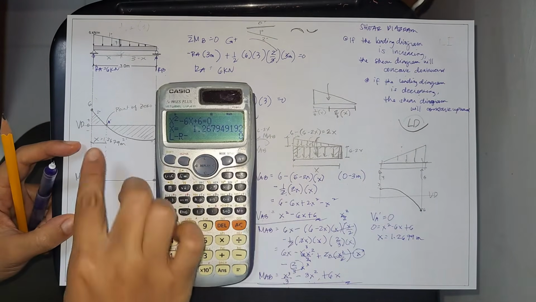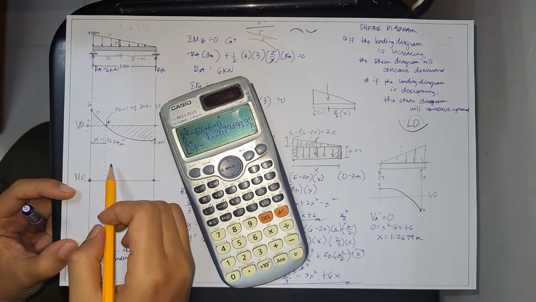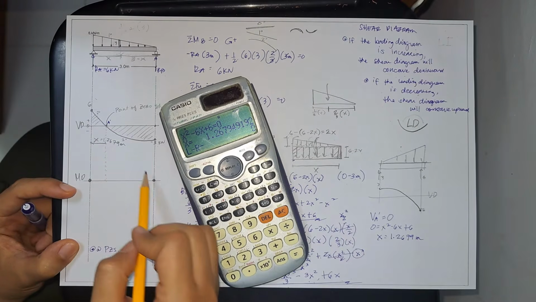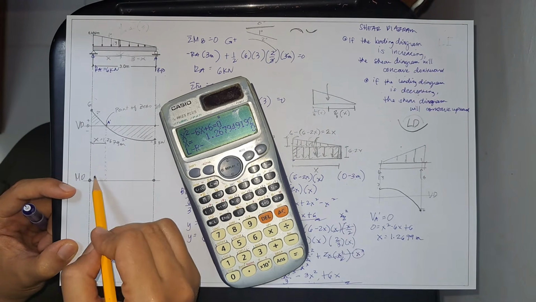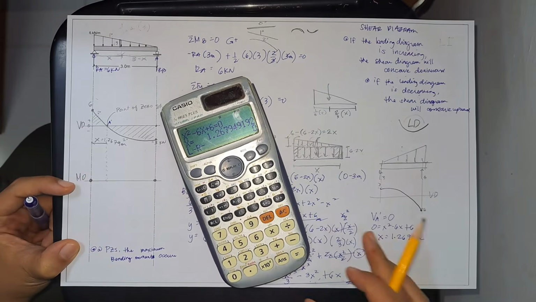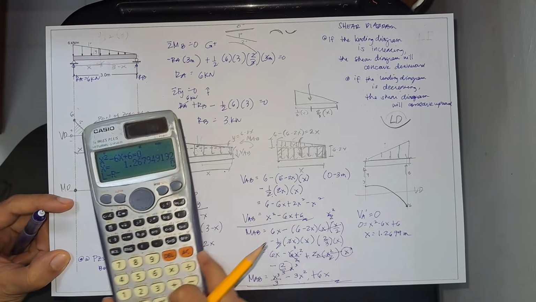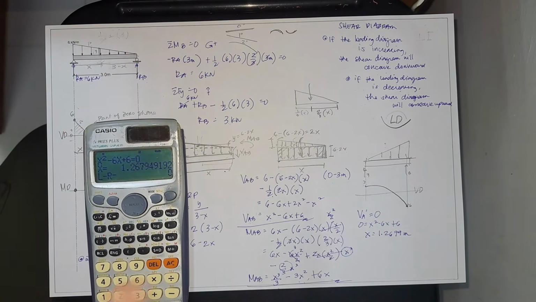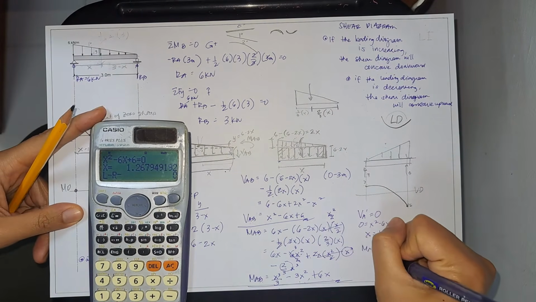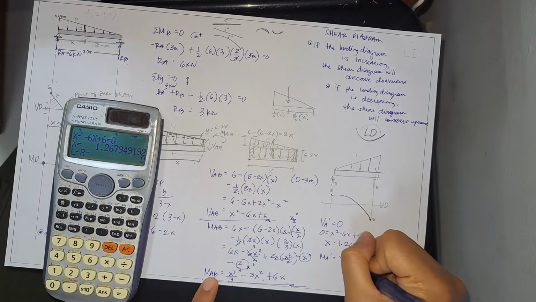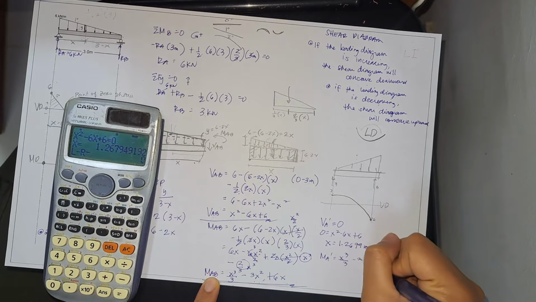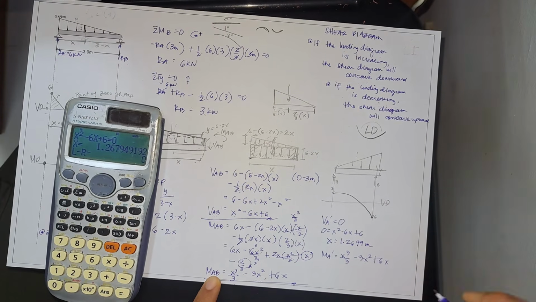Therefore, paano natin yan i-compute yung moment dito? Ito kasi yung peak. Ano yung gagamitin natin equation? So, we will use the moment equation. Ito po yun. Kunin natin yung moment at A prime is equal to x cubed all over 3 minus 3x squared plus 6x.